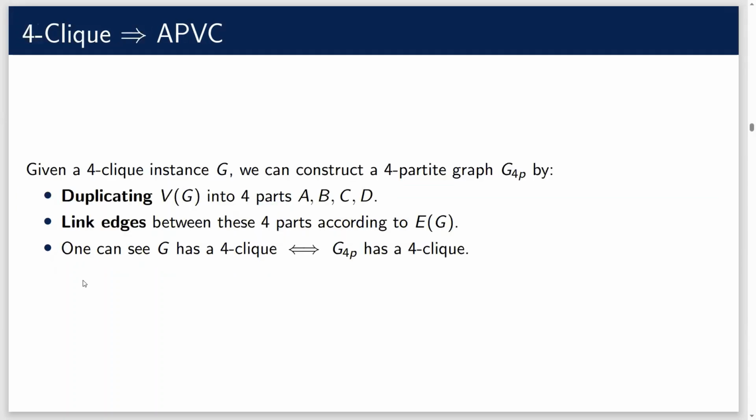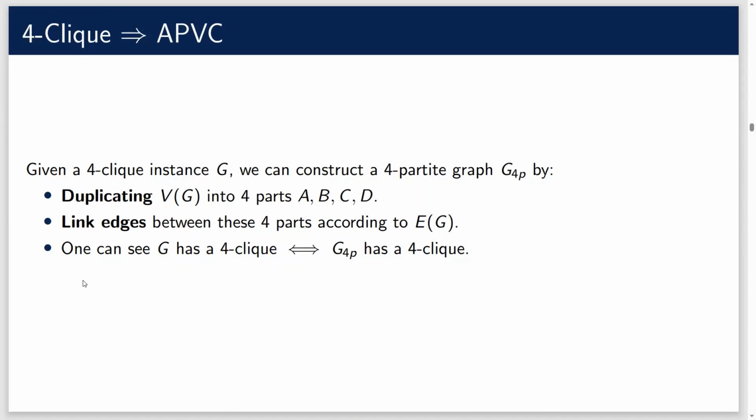So we begin our reduction idea. First, given a Four-Clique instance G, we can construct a four-parted graph G4P. The graph G4P is constructed by first duplicating the vertex set V(G) into four parts A, B, C, and D. Also, we link edges between these four parts according to the edge set E(G).